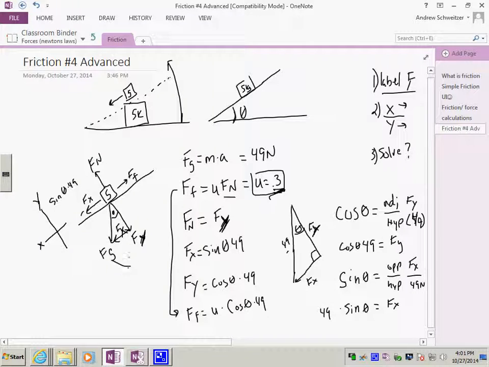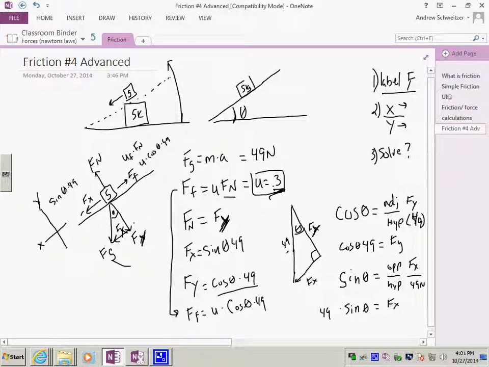The force of friction is the coefficient of friction times f of y, the force normal, which equals the coefficient of friction times the cosine of the angle times 49, and that ultimately is what we solve out. The force normal simply equals the force of y.